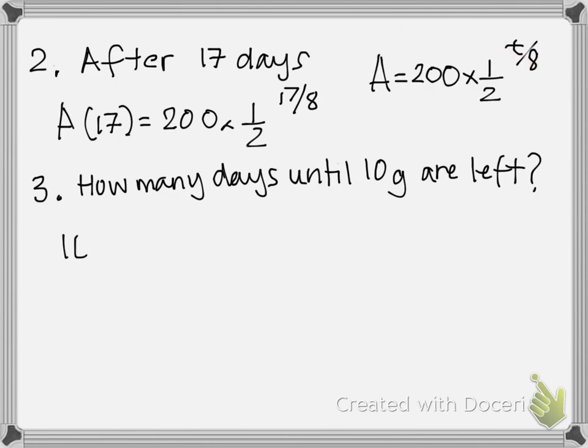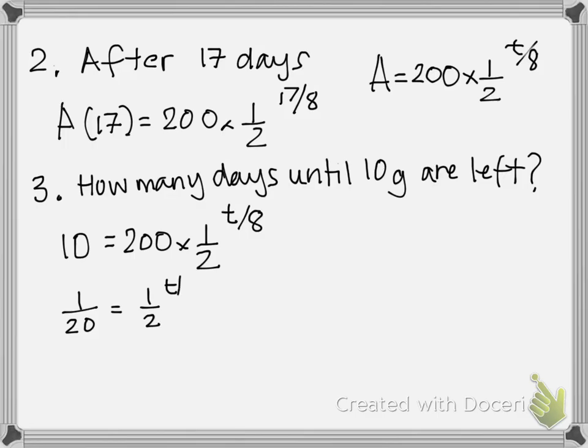All right, so using that model, 10 grams goes on the left. And then I've got the model saying 200 times 1/2 to the t over 8. And I want to solve for t. So let's divide by 200, and we get 1/20th. What thrust us into the discussion of logarithms in the first place was a variable exponent.